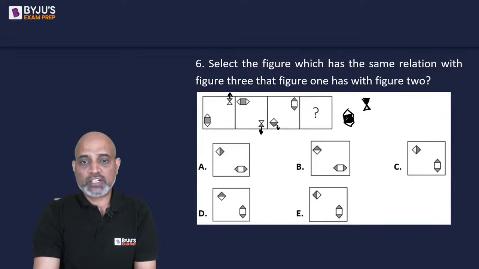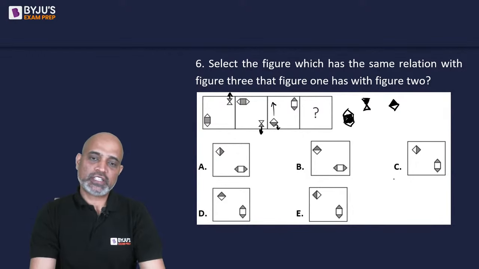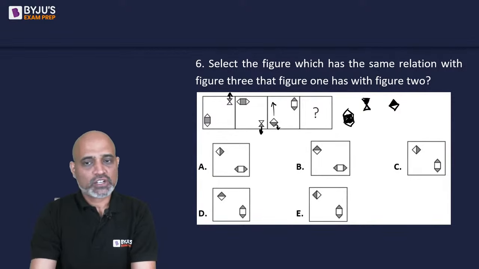So when it moves up, it should face upwards. Okay. So it's going to face upwards, and this ruby shaped figure is going to take a rotation, right?